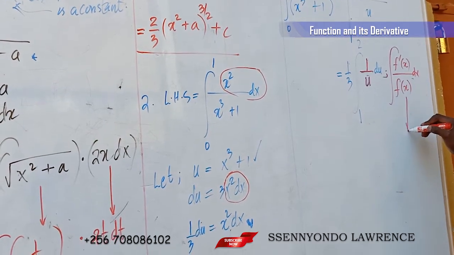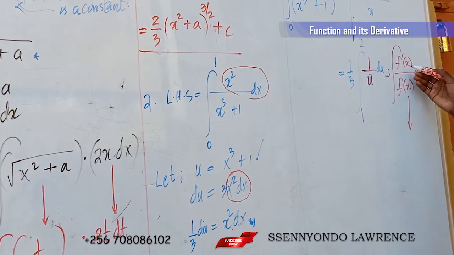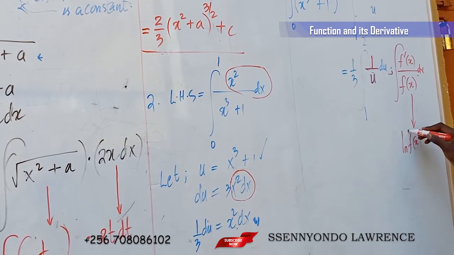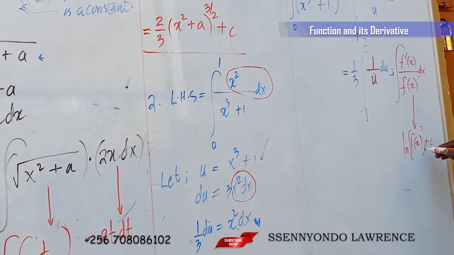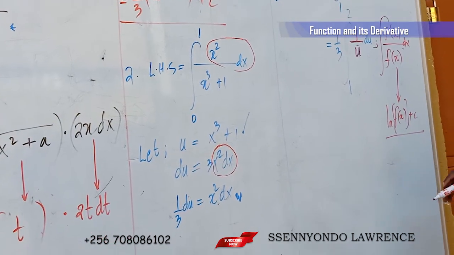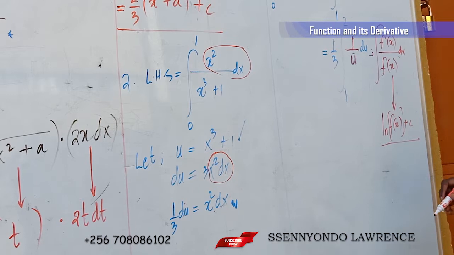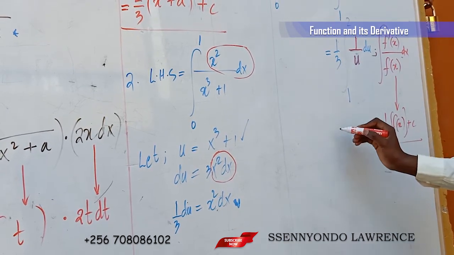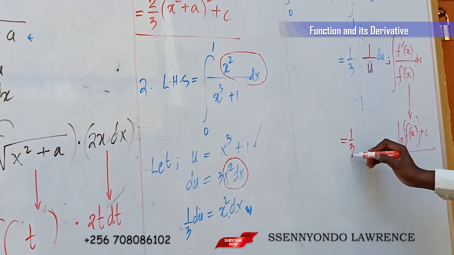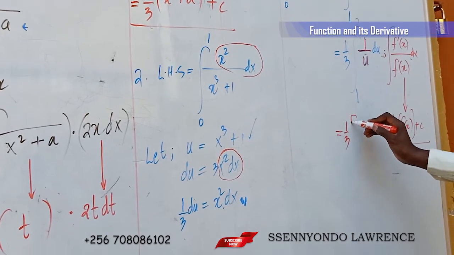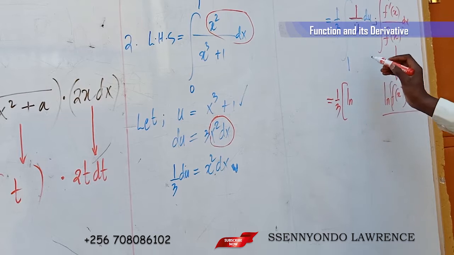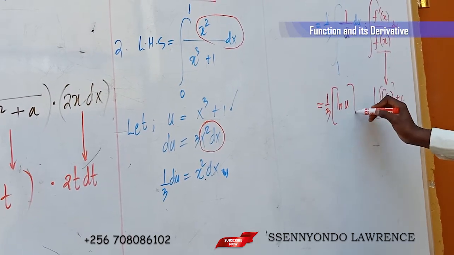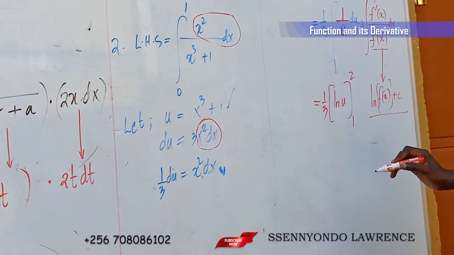Such integrals, we normally say is the natural log of the denominator, f of x, plus c, without limits. So with the limits, you evaluate. Now when I differentiate u with respect to u, I get 1. Directly, that integral will be a third, the natural log of the denominator, from 1 to 2.